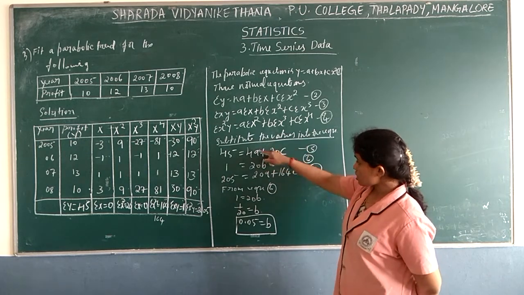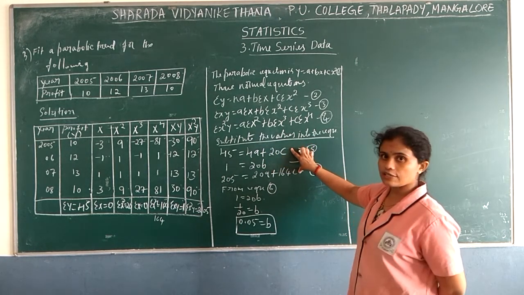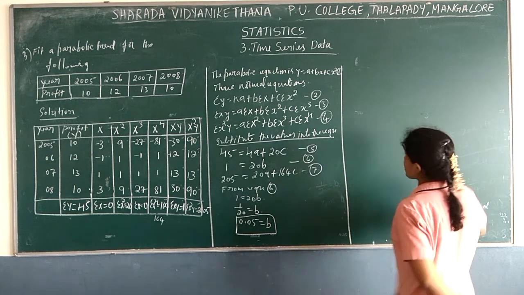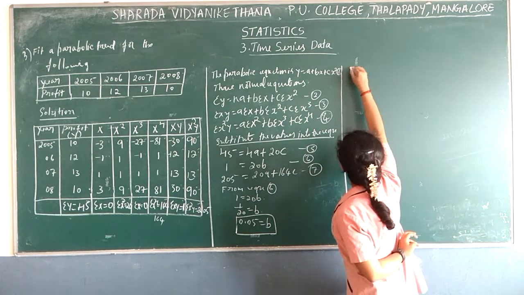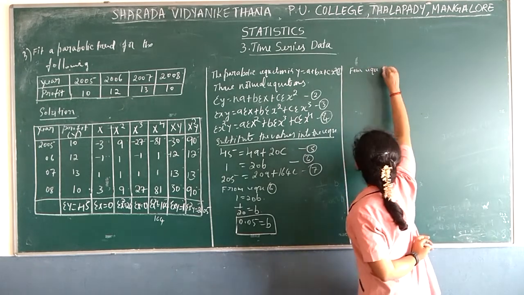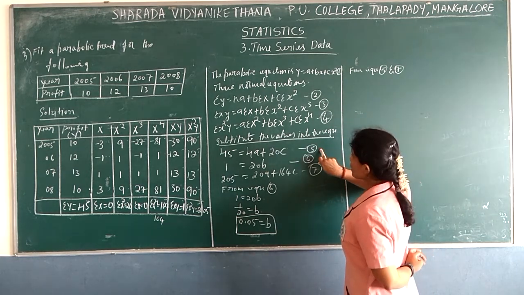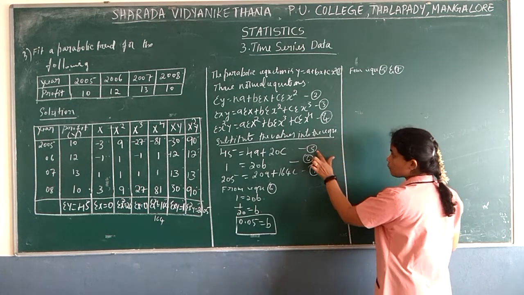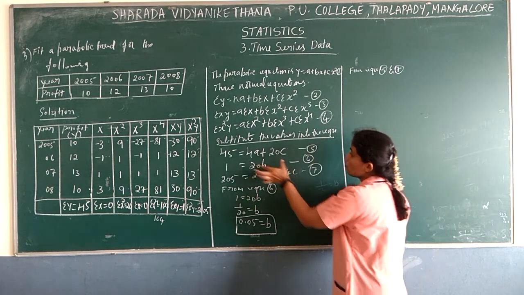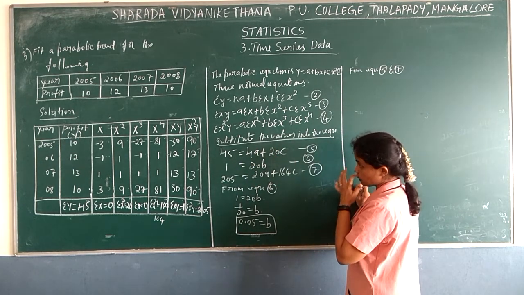Next, what we need to do? These two equations contain the same variable. So we have to take these two equations and use the method of cancellation. Which equations? The 5th and 7th. Now see here which number we have to multiply to make these two equal.